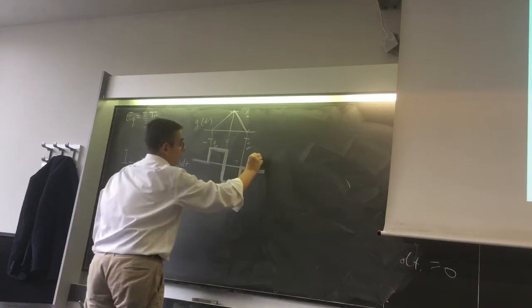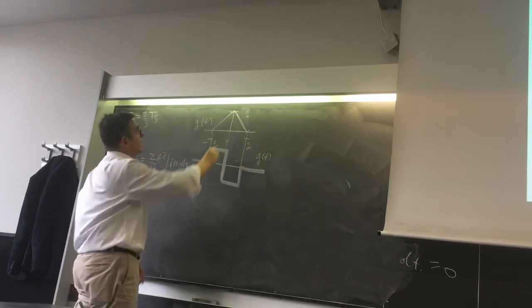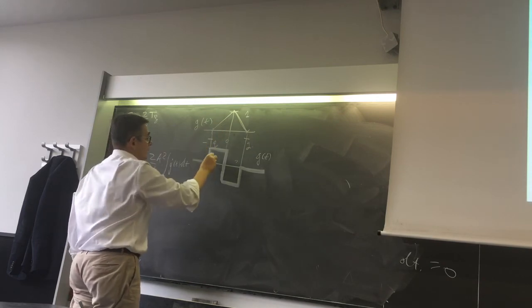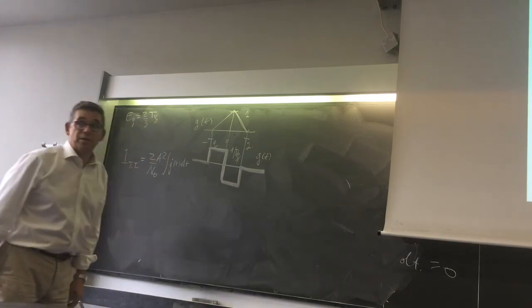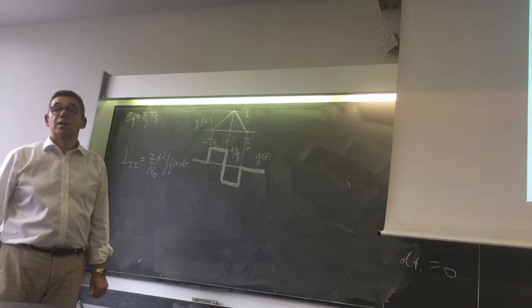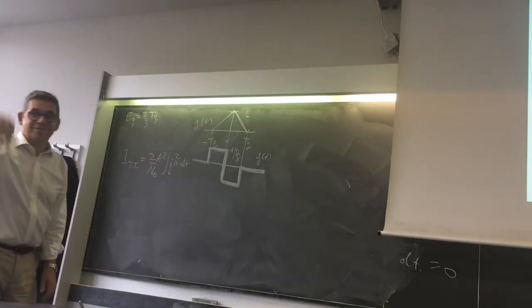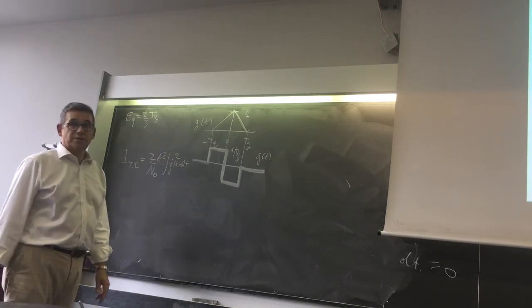This is g prime. And the value is this divided by tg, okay? So it is 1 over tg, the derivative. So it's 1 over tg for that.